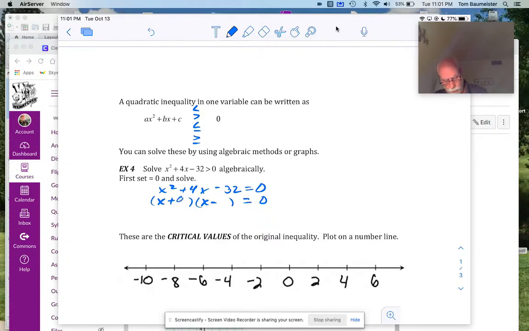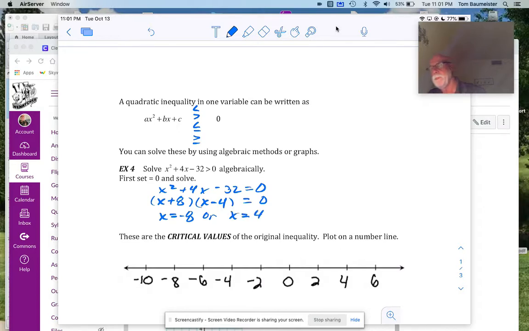So you would tell me it's plus 8, minus 4. So by the zero product property, we know that x is equal to negative 8, or x is equal to positive 4.